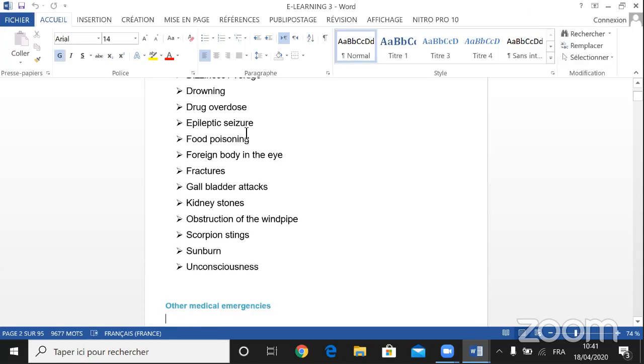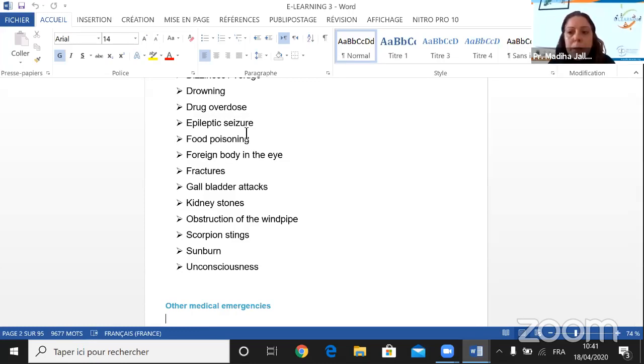Epileptic seizure. Here, the person, say, jerks involuntarily for minutes. This epileptic seizure is caused by which disorder? Is it a digestive disorder, for example, or a respiratory disorder?